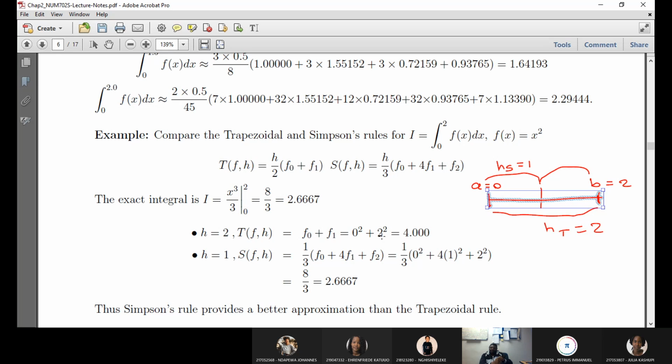So that is the idea here. I can decide to use a particular formula but with many sub-intervals, because we know that even though the formula is not good, it can still converge if we increase the number of sample points. That's what we know from numerical methods, right?